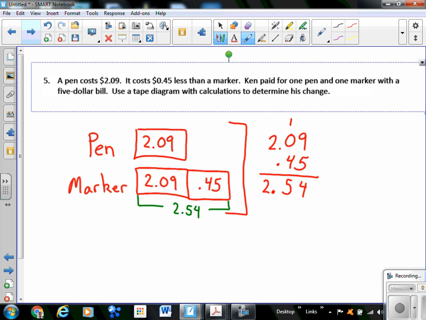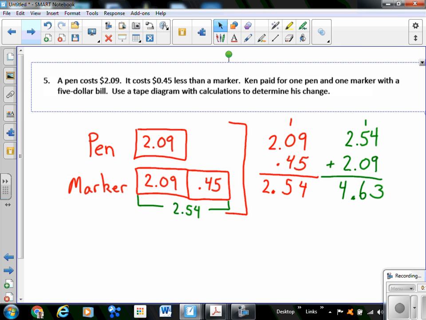Now we need to add the marker and the pen together. So 254 plus 209. 9 plus 4 is 13. 5 and 1 is 6. 2 and 2 is 4. So we have 463.